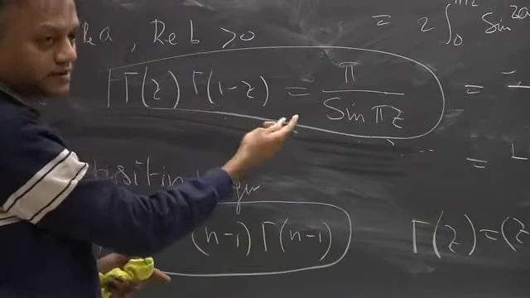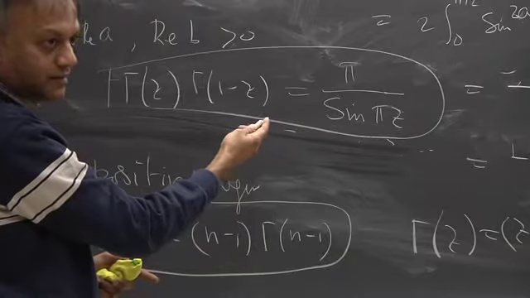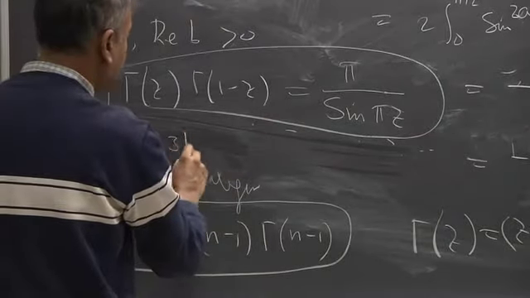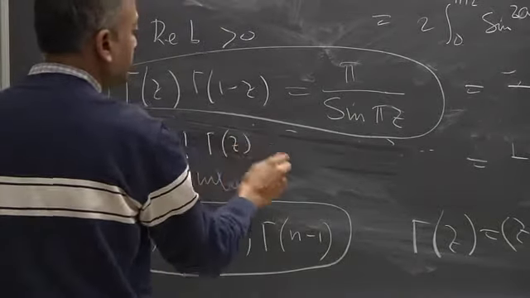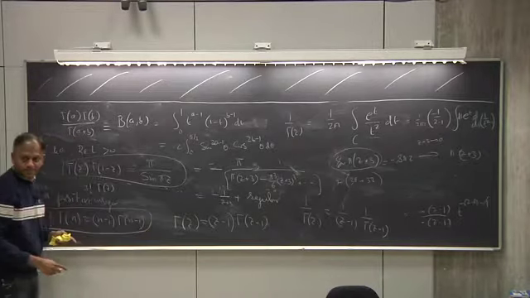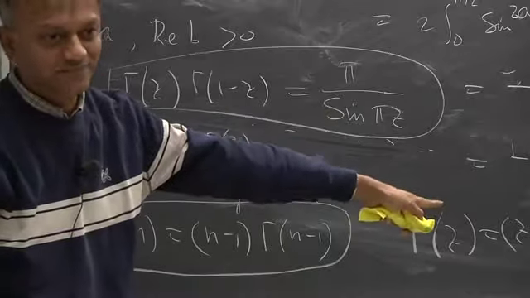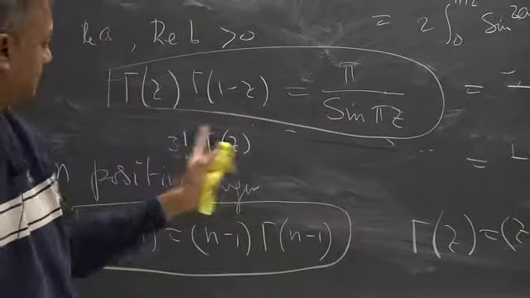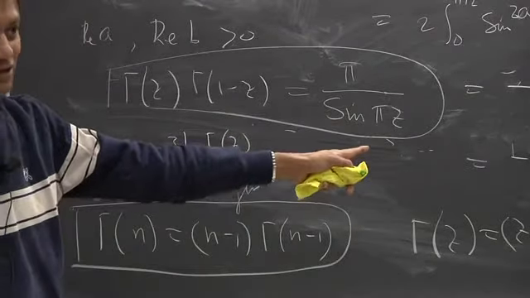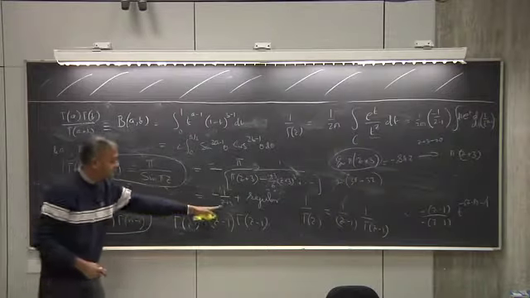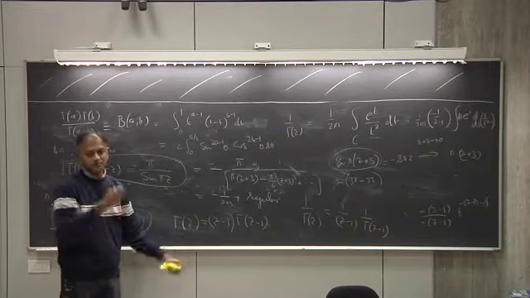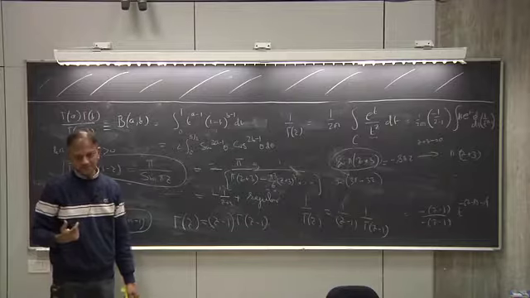Gamma of 4 is factorial 3. So what we are seeing is that factorial 3 times gamma of z behaves like that, right? So the residue is simply minus 1 over factorial 3, dividing by factorial 3 on both sides. So you get the residue at z equal to minus 3 is minus 1 divided by factorial 3.